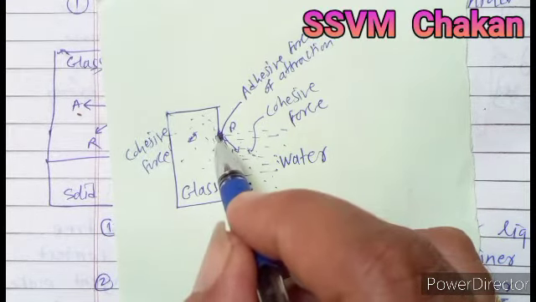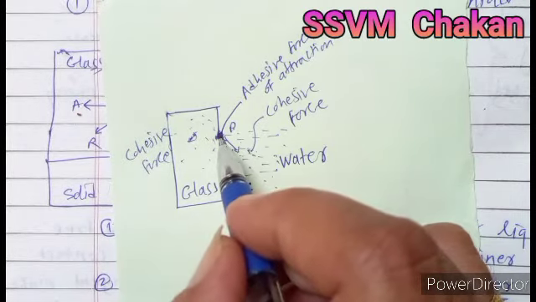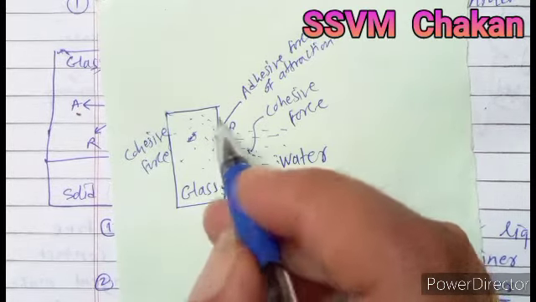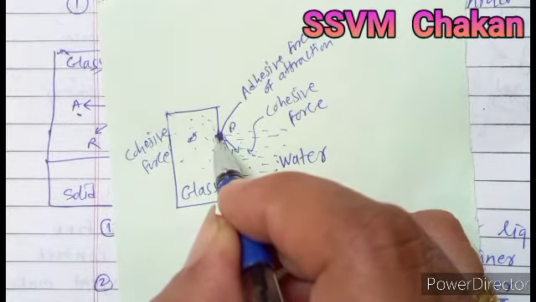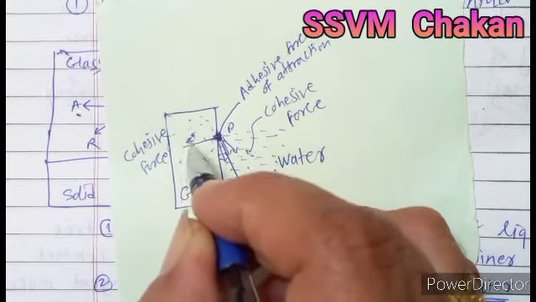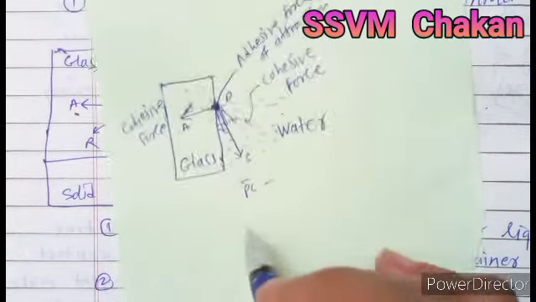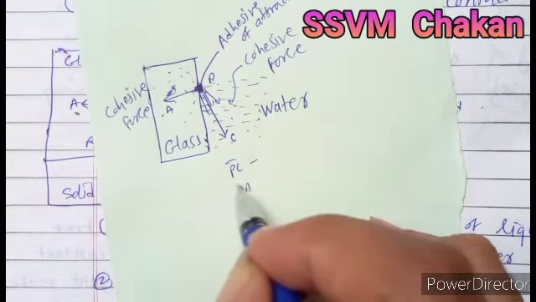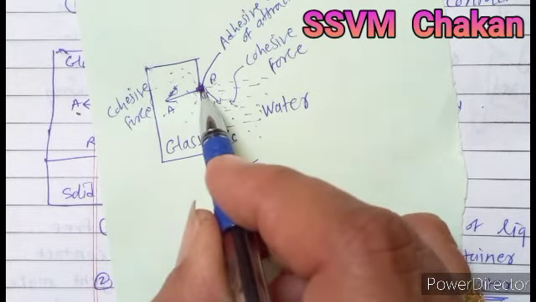These glass molecules apply a force of attraction on this water molecule at point P. The resultant adhesive force acting on this water molecule at point P, we denote by the vector PA bar. So PA bar is the adhesive force acting on this water molecule at point P.